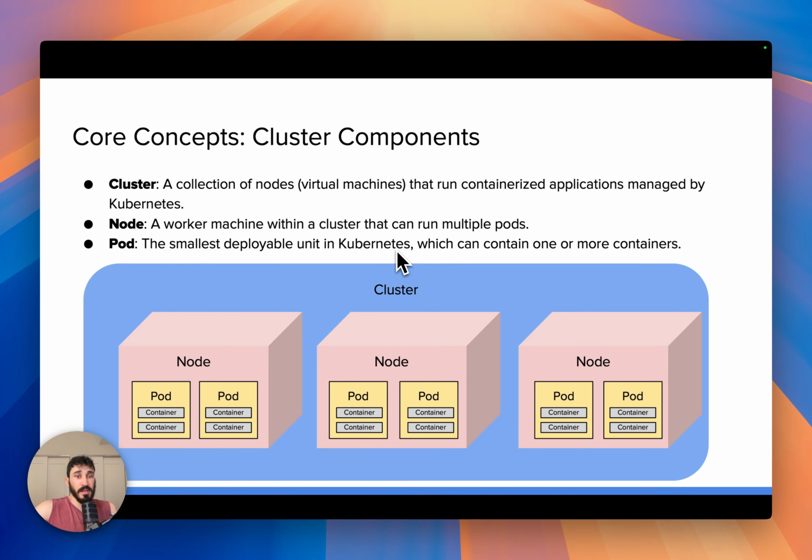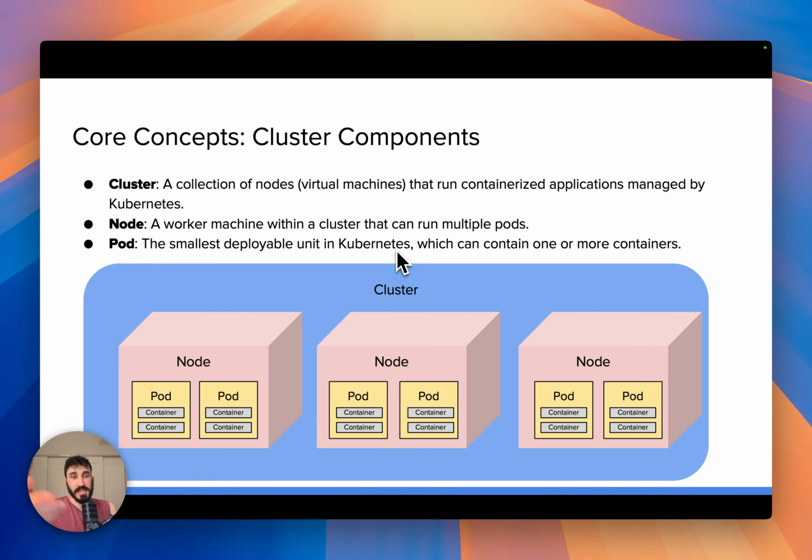We need to cover a few core concepts here: the difference between a cluster, a node, and a pod. So a cluster in GKE, and actually just in Kubernetes, not just GKE, is a collection of nodes. The nodes are virtual machines, and they run containerized applications, which are managed by Kubernetes. So the cluster is the collection of the virtual machines. Virtual machines are what we use in Compute Engine, so you can see how we're moving up the ladder of abstraction here.